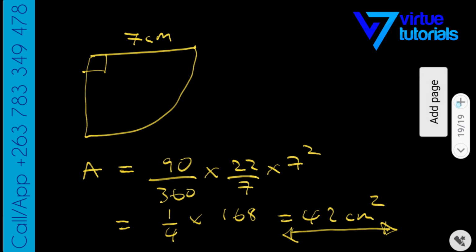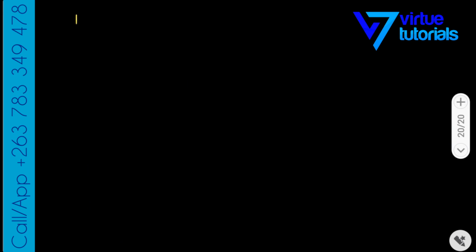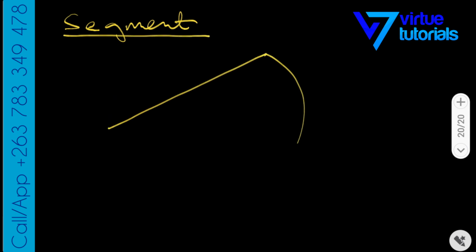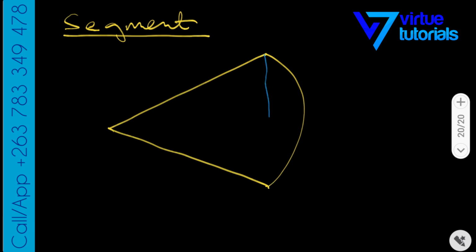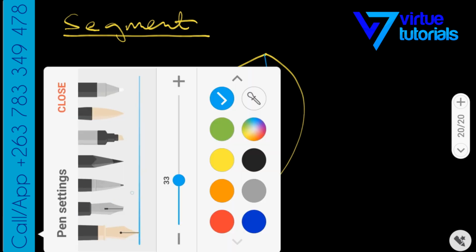Now the last part is a segment. If I have a sector like this, if I cut the sector, I'll split it into two shapes.